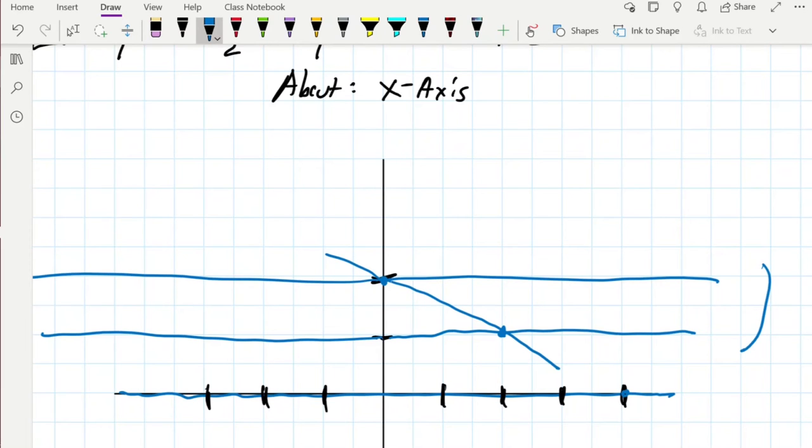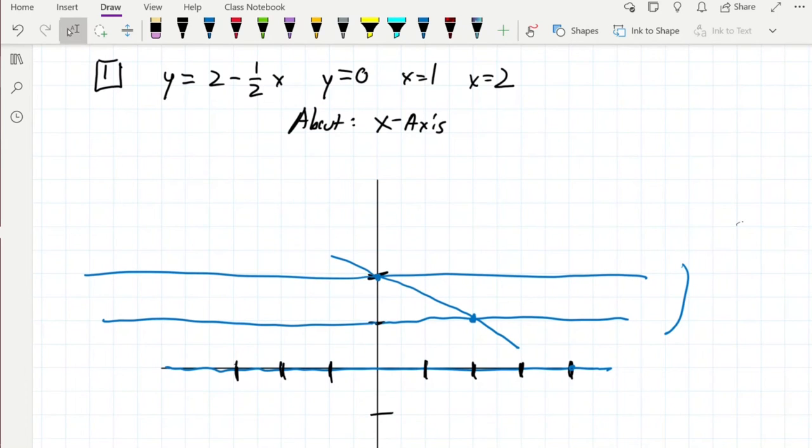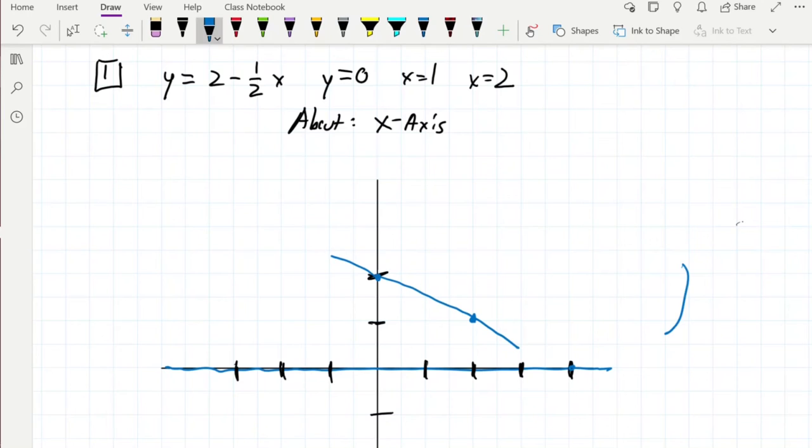So then we're going to have to find the area of, let's see, y equals 0, and I just realized these aren't x equals 1 and x equals 2. One of these days I will get it right.